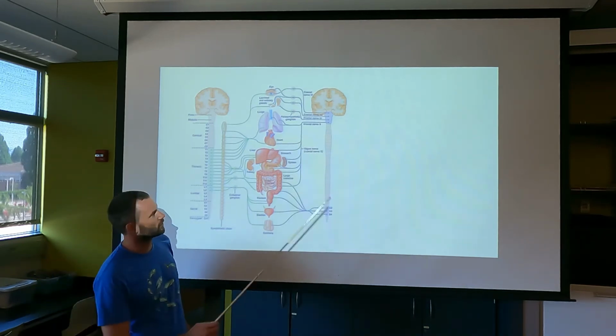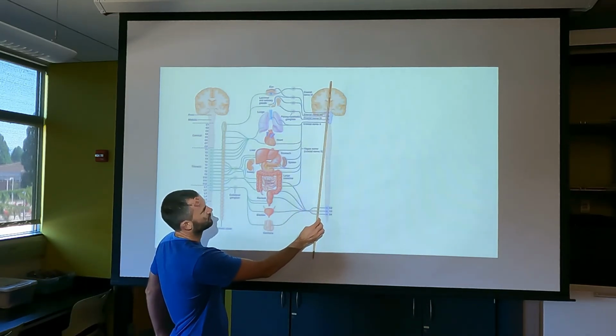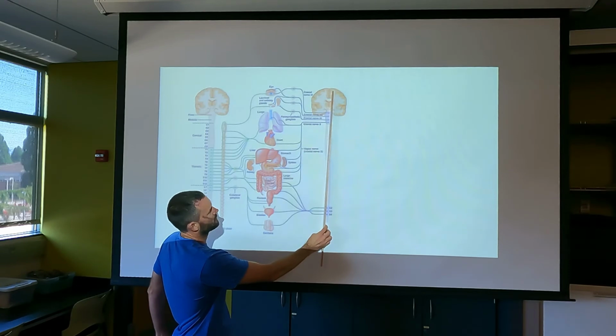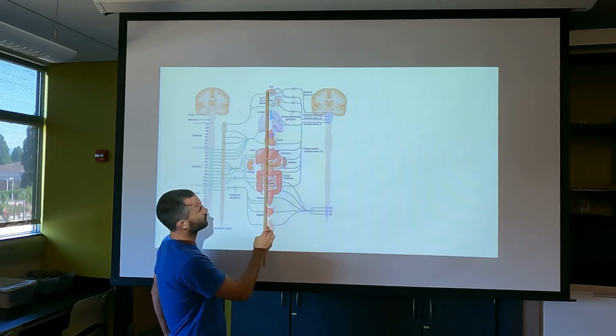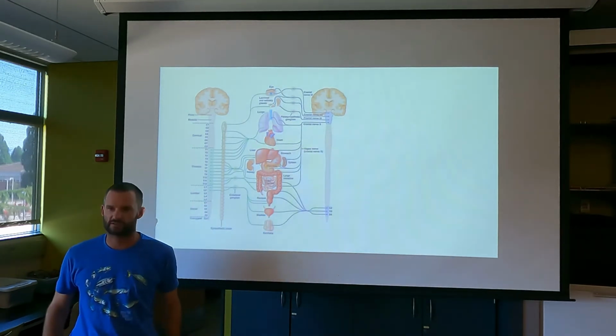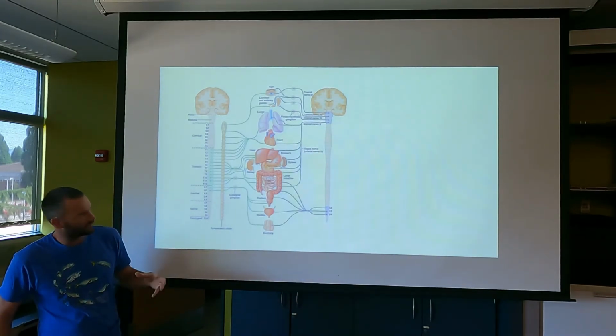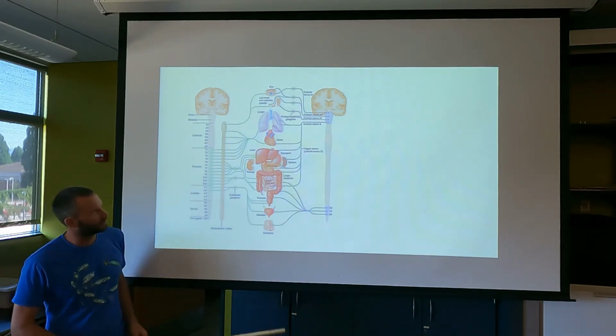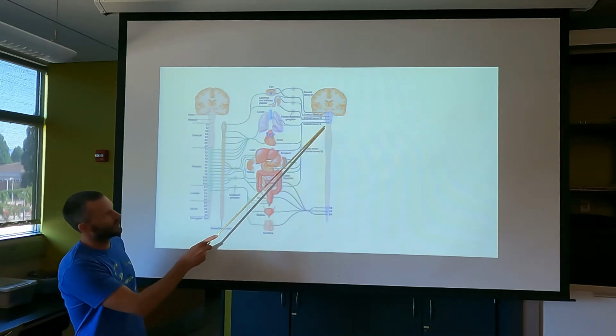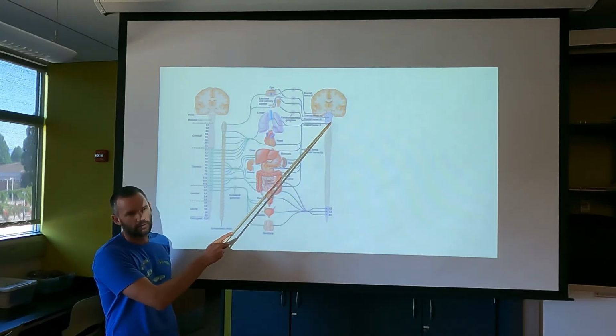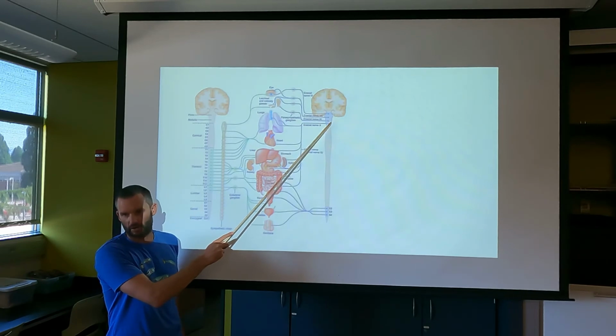Now, how many motor neurons does it take to get from the central nervous system to the effector organ for the parasympathetic nervous system? 2. It also takes 2. But there's no chain ganglion here. So what happens is that you have this really long preganglionic neuron.